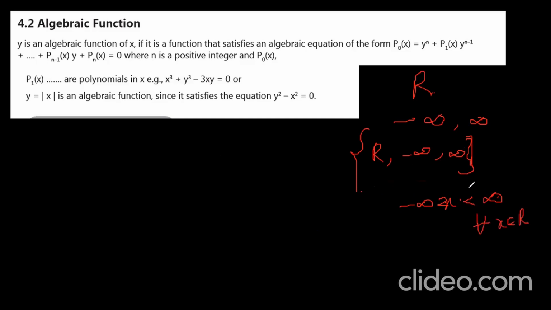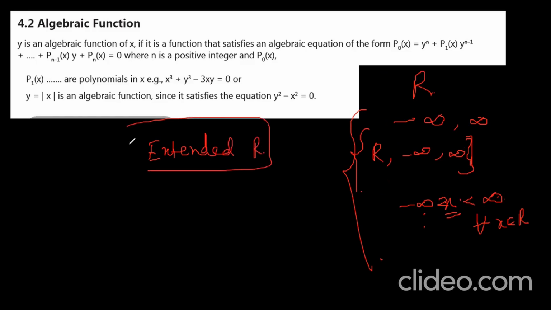So what is our extended real number system? x lies between minus infinity and plus infinity. That can be called the extended real number system. Okay. So in this system, what are the different properties we are going to observe?